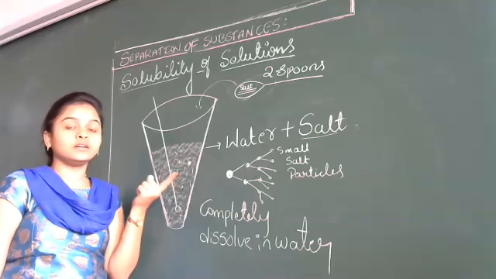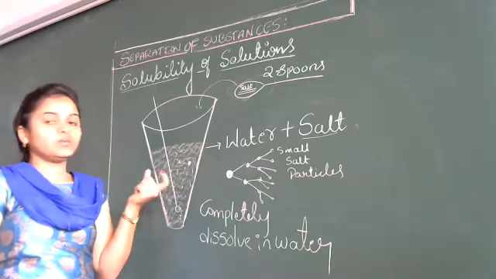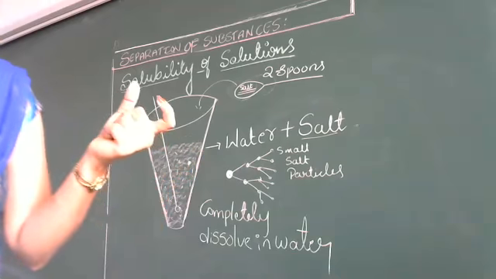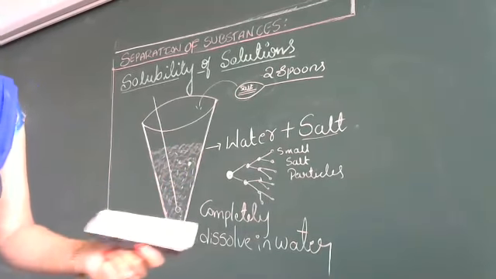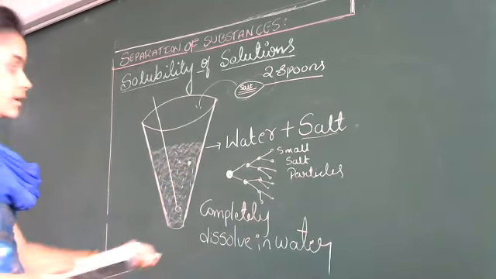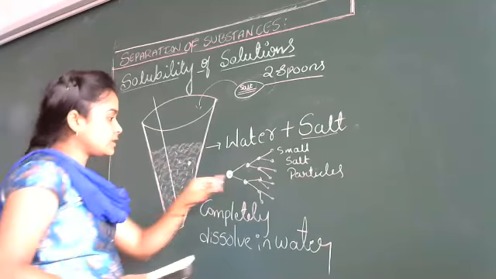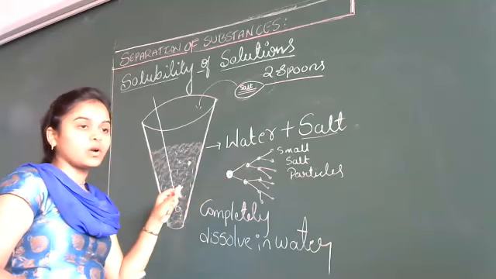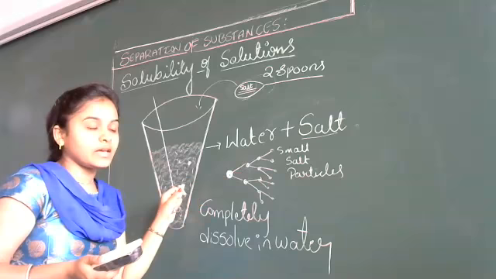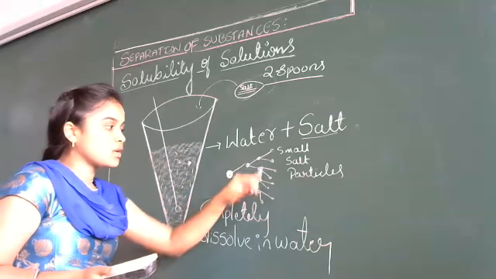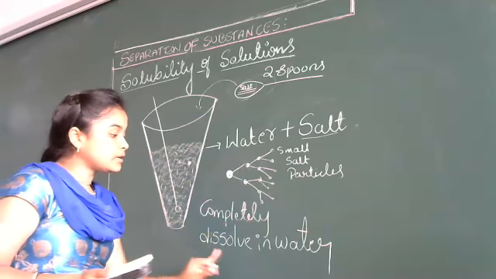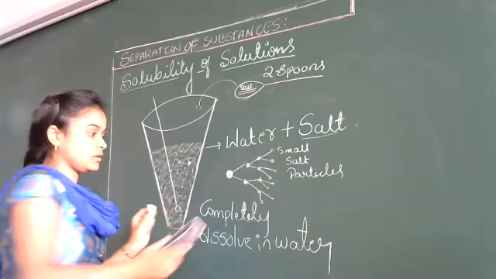That means you get salty water. Now why I am teaching this is because here you can see the salt after mixing it with the water. You cannot see it with your naked eyes. Why? Because the salt particles are completely dissolved in the water.